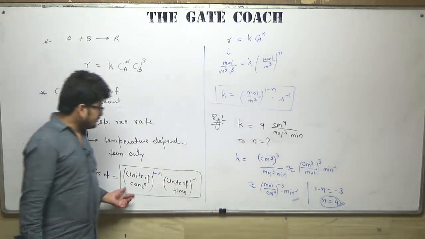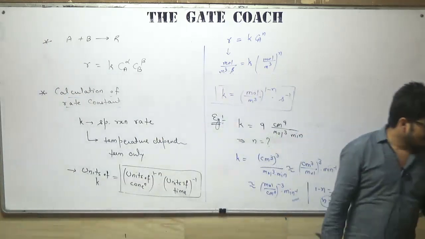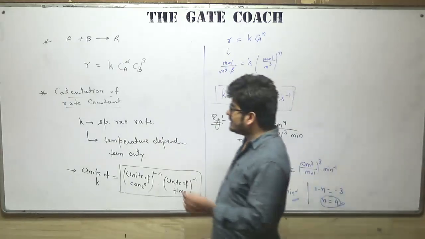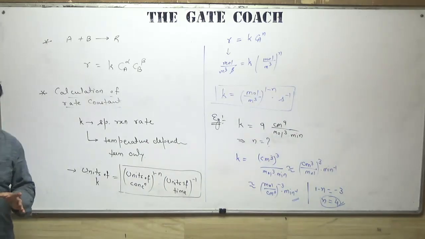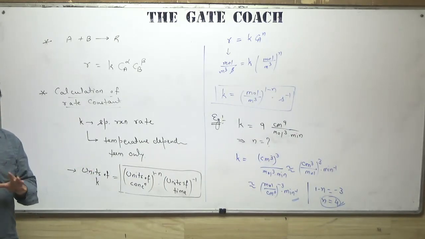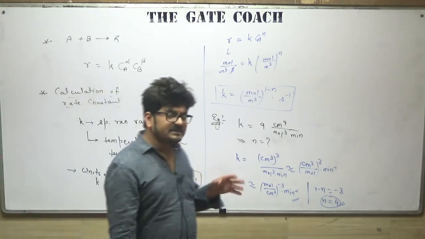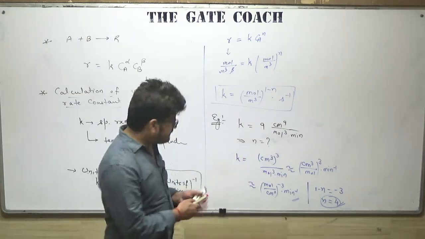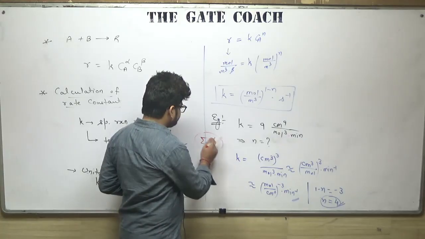So if we know the value of rate constant K for any chemical reaction, then we can figure out the overall order of the reaction. We cannot find out the apparent orders, but yes, we can find out the overall order of the reaction, meaning alpha plus beta plus gamma, or in simple words, the summation of alpha i.